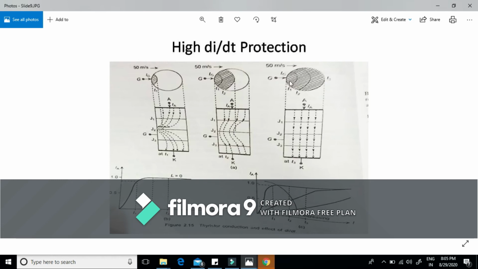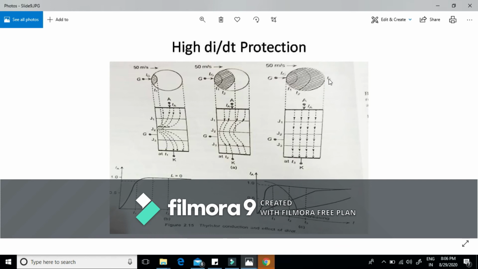After some time, when the charge carriers are uniformly distributed over the whole cathode surface area, we can say that the gate charge carriers now uniformly flow over the whole surface, over the whole SCR, over all the three junctions of the SCR. That means the gate current is uniformly distributed, or we can say the anode current is uniformly distributed over the whole cathode surface area.